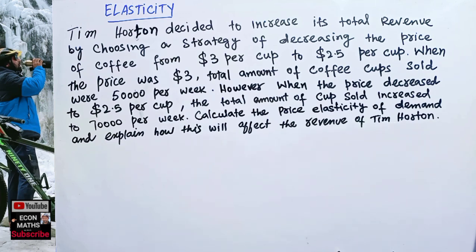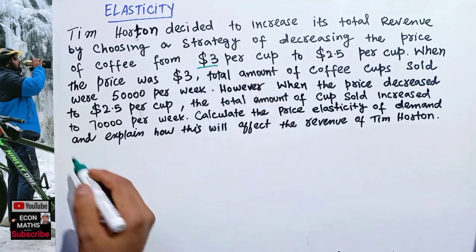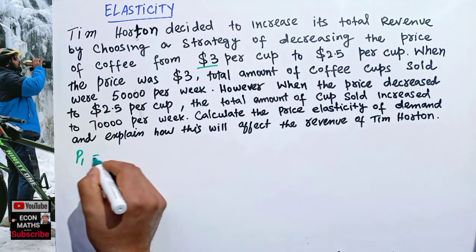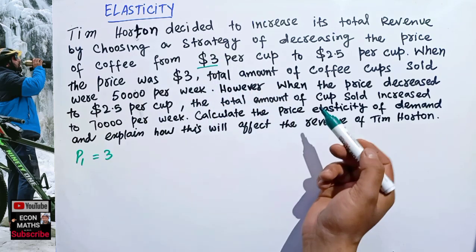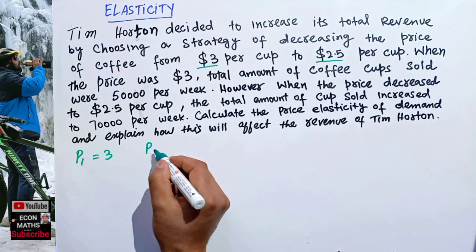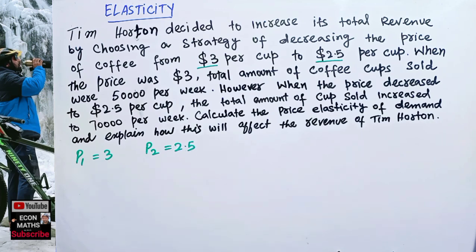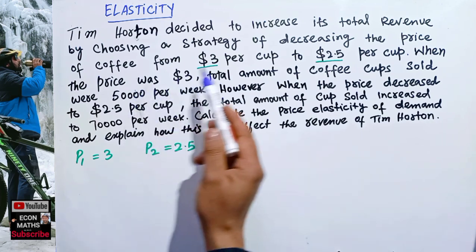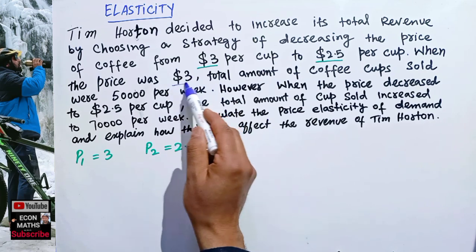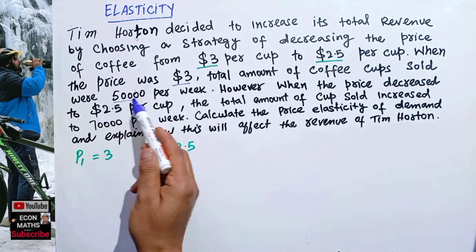Okay, so what we have been given, let us see what is the initial price. Initial price is 3. Let me write it here. P1 is equal to $3 and it reduces to 2.5. Let us say the new price P2 is $2.5. When price was $3, quantity sold was 50,000.